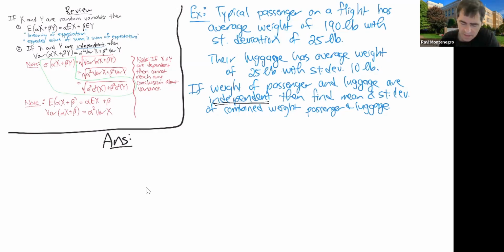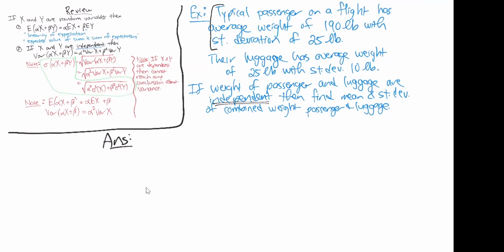So can somebody take that information about the passenger and suggest a way that I can write it using the notation we've been learning recently? Basically meaning the kind of notation on the screen right now. E of X is going to represent the passenger's weight on average, so E of X is 190.